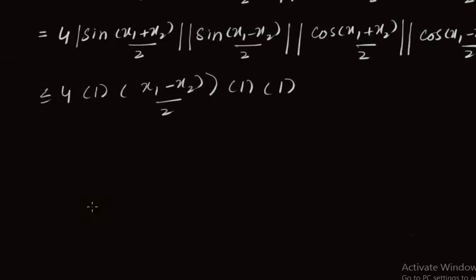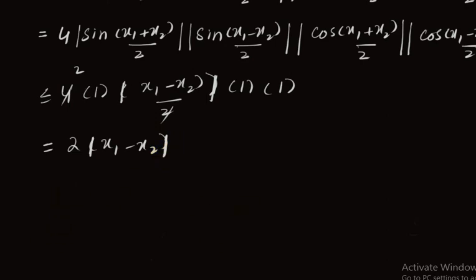Now students, we can write this as equal to 2 times mod of x1 minus x2, as 2 and 4 cancel out. This is our modulus value, 2 times mod of x1 minus x2.